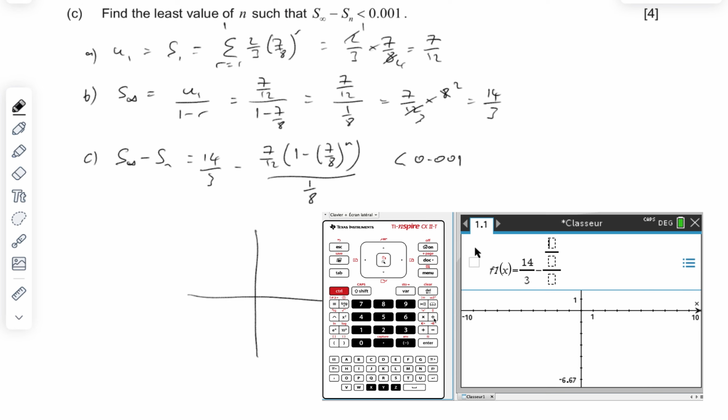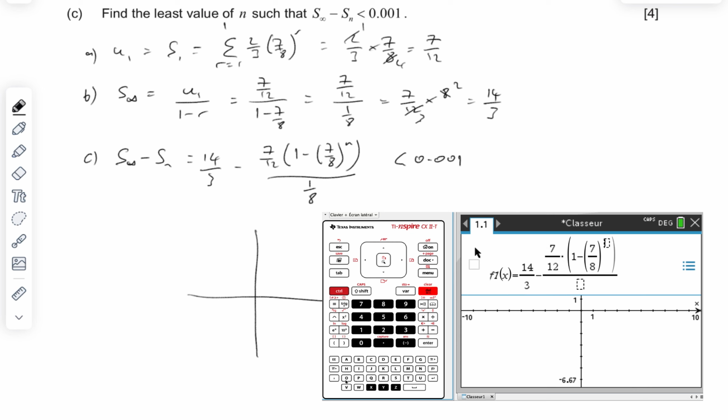So that is 7 over 12 multiplied by, open brackets, 1 subtract another fraction, brackets again, then a fraction, 7/8, and that's the power n, so we put the power x because we can't have n in here.